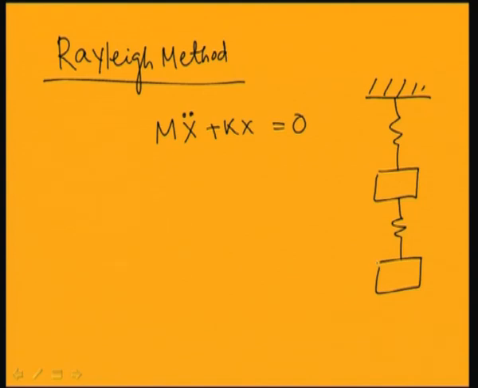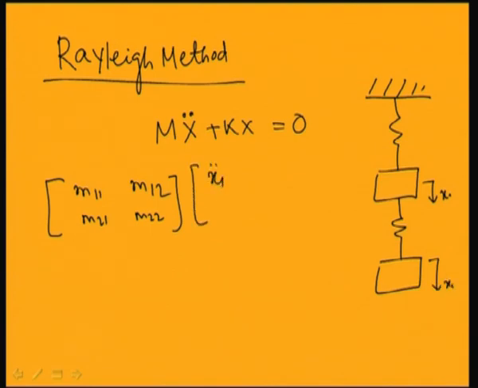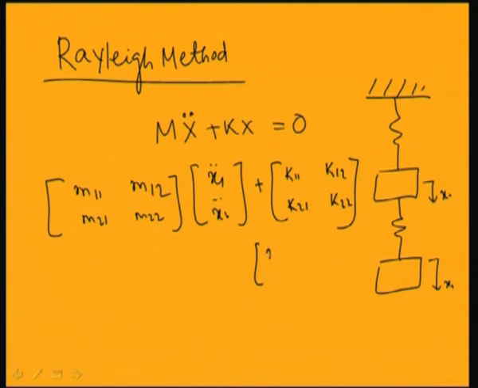In this case you can write the equation in this form: m11 m12, m21 m22, this is x1, this is x2. So, I can write this as x1 double dot, x2 double dot, plus similarly k11 k12, k21 k22 into x1 x2 equal to 0 0.